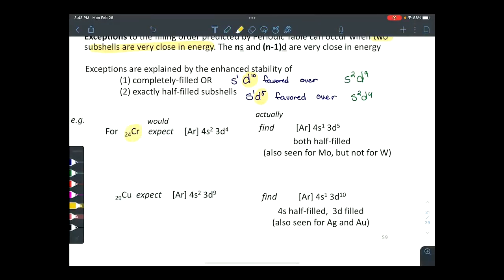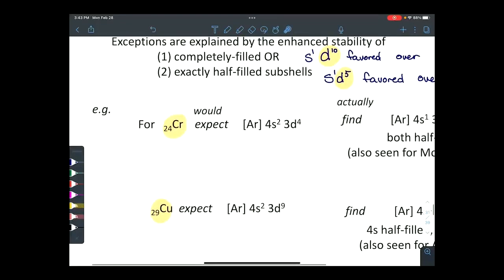So chromium does it, and copper does it. What you would expect for chromium, if you just went off the periodic table, is 4s2, 3d4, because chromium is the 4th element into the D block. But like I said, we get a lot more stability if we half fill that D shell.